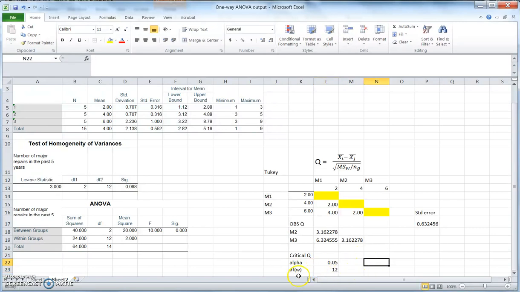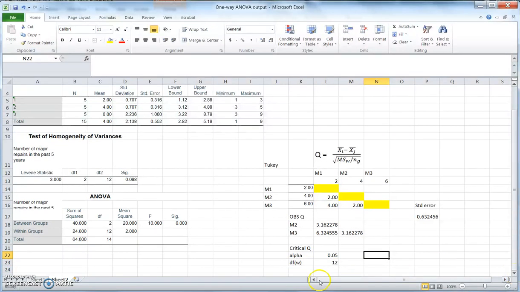And the last piece of information we need for looking up the Q critical is how many means we're comparing here. We have K levels, and K is 3 in our case. If you go to the Tukey table, use alpha equals 0.05, degree of freedom error is 12, and the number of levels is 3, the Q critical is 3.77.